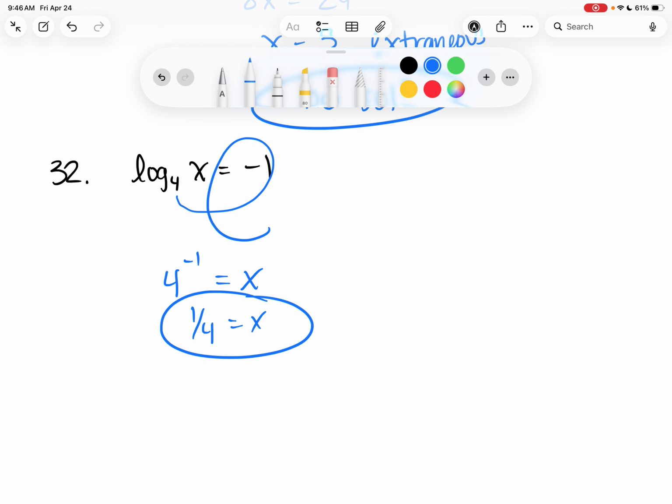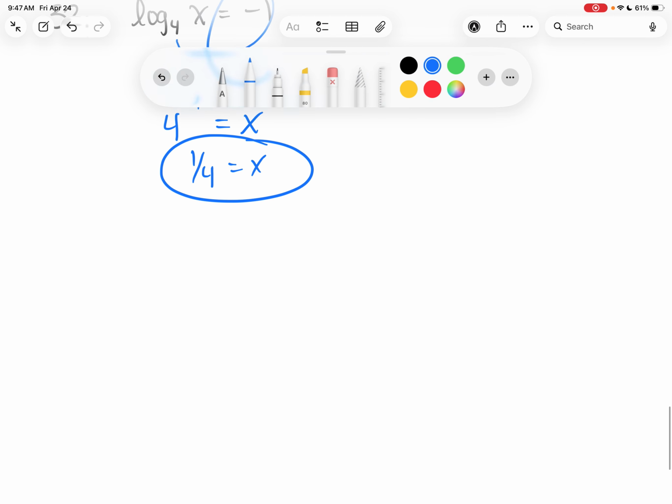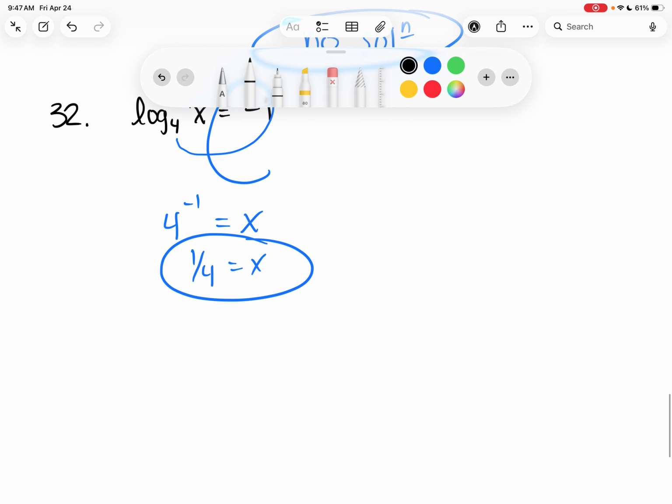So if you start with a log, you have to undo it with an exponential. If you start with an exponential, you undo it with a log. It's just always the opposite of what you see.